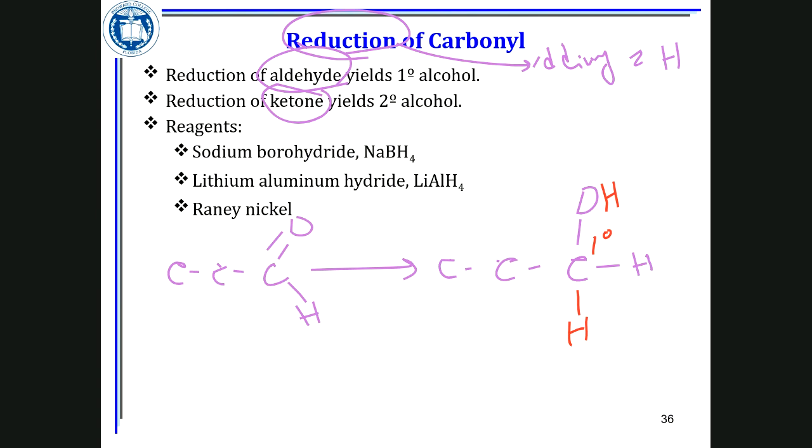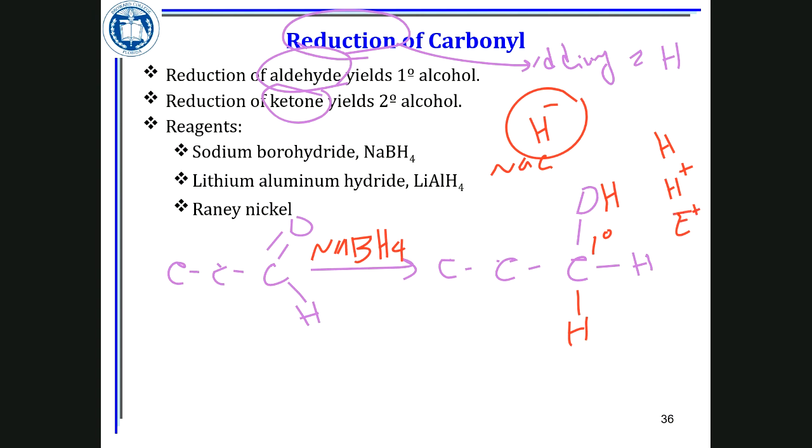Sodium borohydride has a hydride. Hydride is different from H and is different from H+. Hydride is a nucleophile. H plus is an electrophile. So the nucleophile, the hydride ion from the sodium borohydride, can attack the carbonyl group.